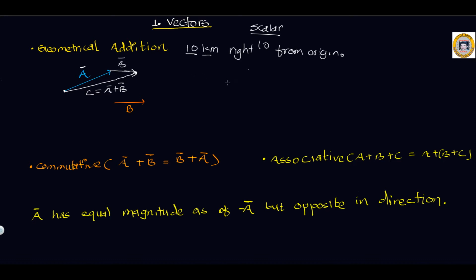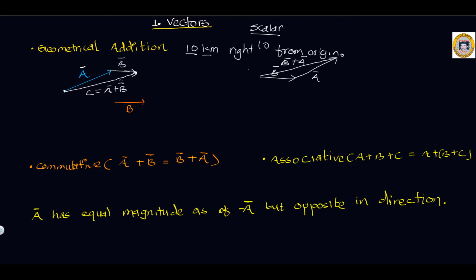Similarly, you can have B vector first. Let us say this is B vector, and you can add A vector to the tail of it. So if I add A vector over here, this is A vector. Now connect the tail of B with the head of A vector, you will get this B plus A vector.